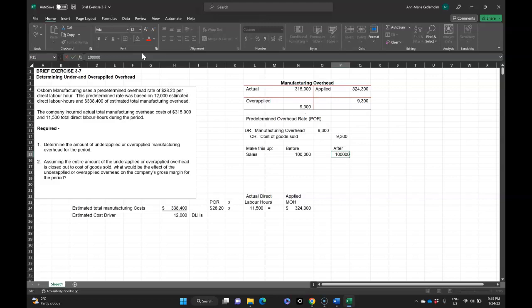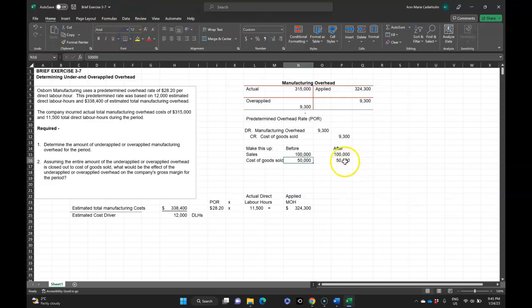And let's just pretend our cost of goods sold was 50,000 before the adjustment. So then our gross margin is 100,000 minus 50,000. So our gross margin is 50%.